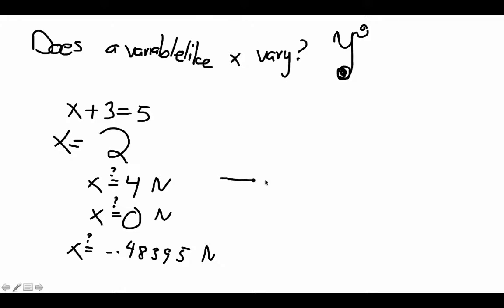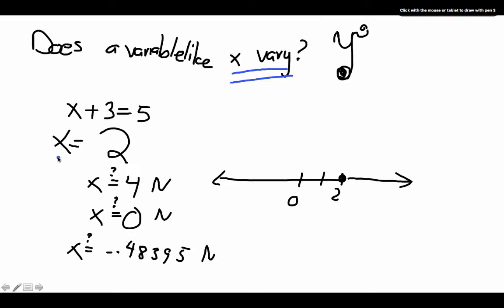On this whole number line, the only thing that x can be is 2, right here. I don't see any variation along the number line. How can you reconcile those two ideas? How can you reconcile the fact that you said that x does vary with the fact that you said x equals 2?